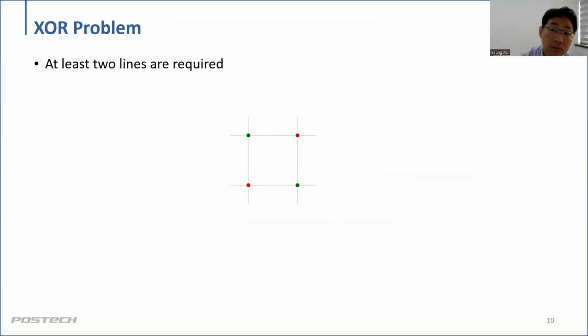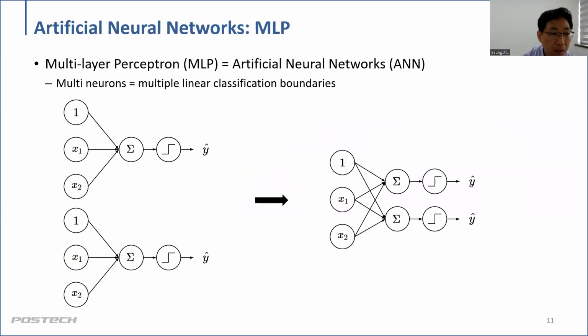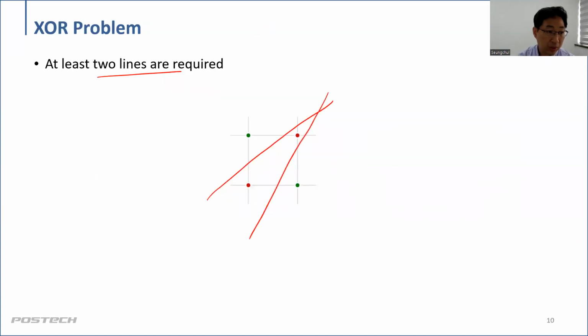Now let's think about XOR problems again. At least two lines are required. Say we have two lines.